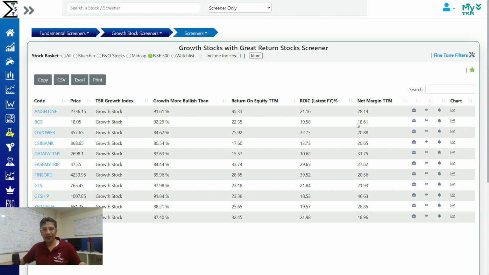So basically what users typically look for is a stock where multiple different criteria are met, and that helps you to shortlist faster. So this is an attempt on that. When you look at any of these stocks, let's say Angel One, growth wise it's looking good.